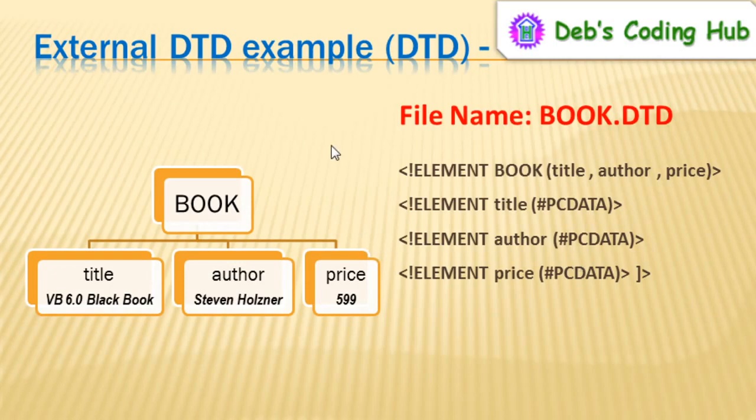For the same structure, we'll be creating the DTD. Remember, for creating DTD for an XML structure, we need to only consider the structure, nothing else. So the structure says the root element is book and it is having 3 child elements, and we have defined the child elements like this.